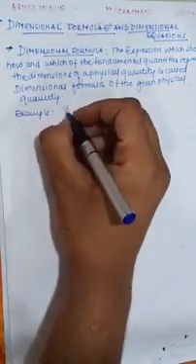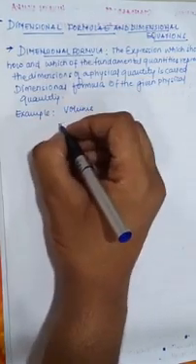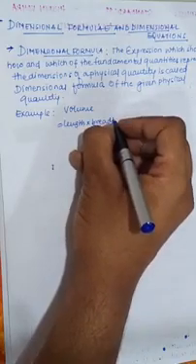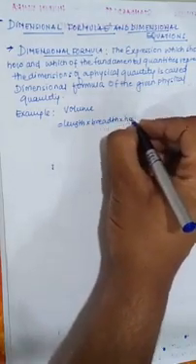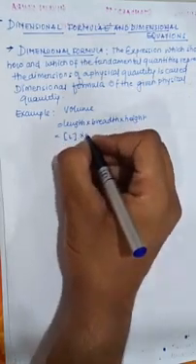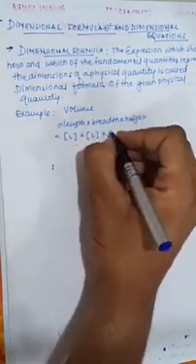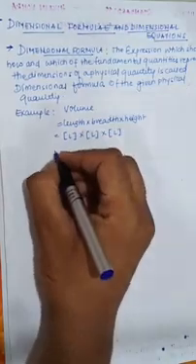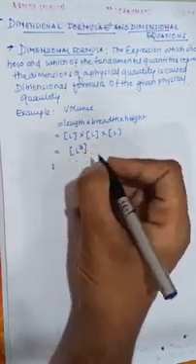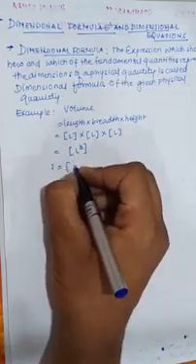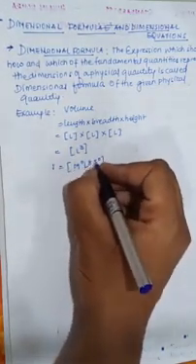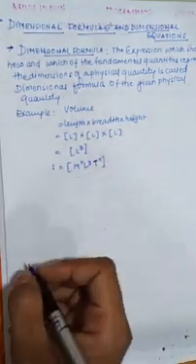Volume is represented by length into breadth into height. Length L, breadth is again L, height is again dimension of length. So I get 1 plus 1 plus 1, which is 3. So my dimensional formula, there is no mass, L3, there is no time, so 0. Clear?